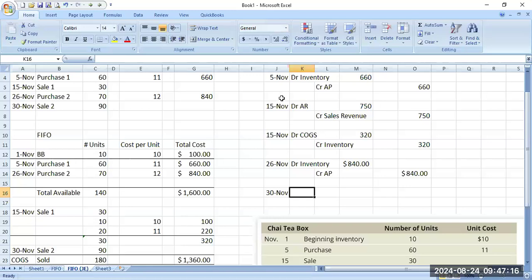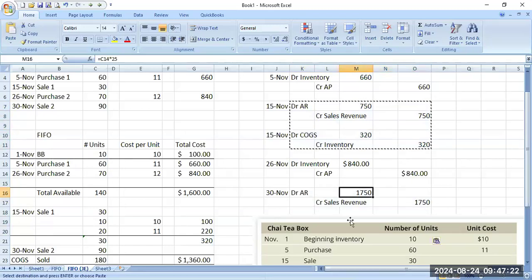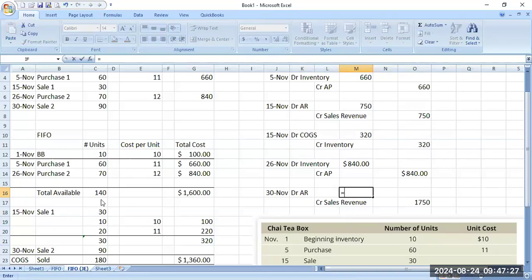I can easily copy those two and paste them here. Now the question is, how much are our sales? On the second sale, we're selling 90 units times $25 per unit, or $2,250 is our sale.